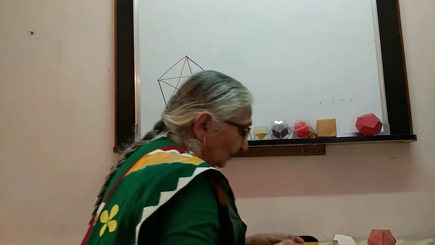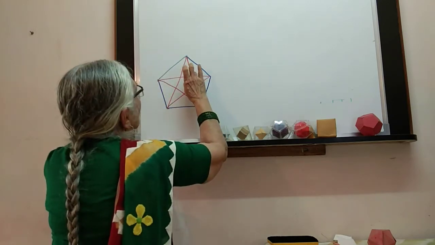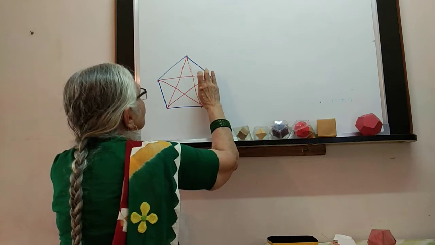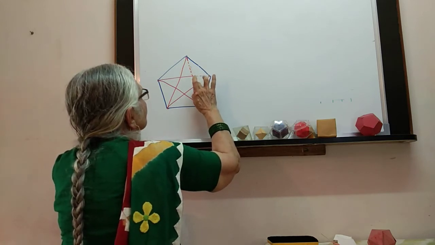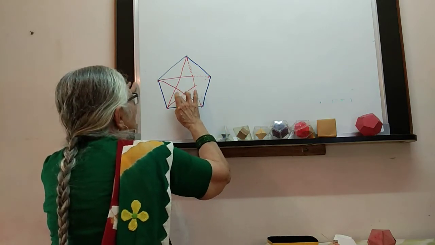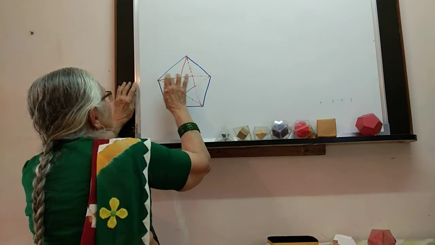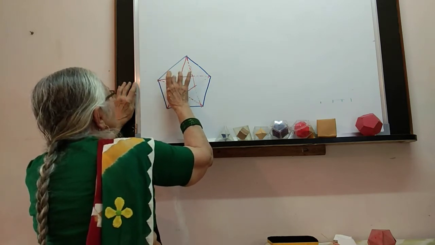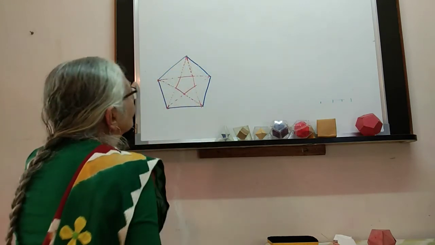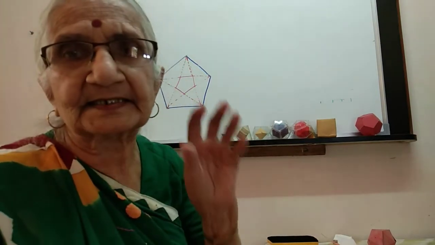And now, from these diagonals, we keep the middle part and remove, not really remove, but not consider this. Now you can see that we are left with a regular pentagon, a small pentagon inside.